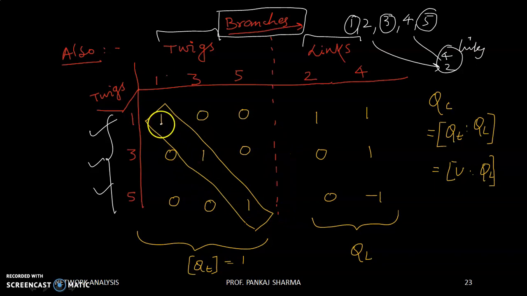You will see that the twig cut set matrix will be equal to unity, and this is the link cut set matrix. So the entire cut set matrix can be written as the twig cut set matrix separated by the link cut set matrix. The twig cut set matrix is nothing but the unity matrix, that is, the diagonal values are 1, 1 and 1. You can see.